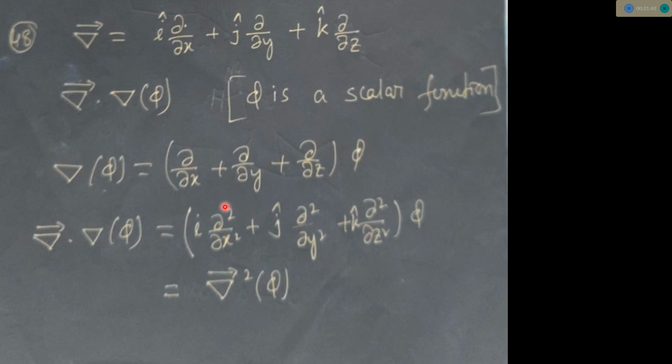Now after multiplication it becomes the square term. Obviously the i, j, k terms will be there. That's why we write delta with directions squared into this phi term, which is scalar. So we cannot write this term as a normal delta without any direction sign, just squared, then it will be the wrong answer.